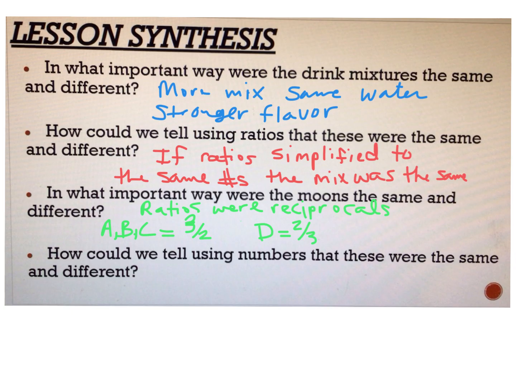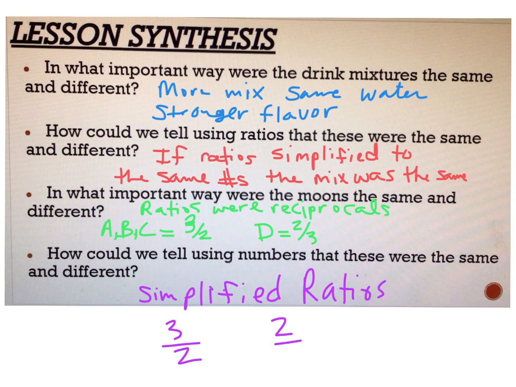And the last part was, how could we tell using numbers that these were the same and different? Well, that goes back to our simplified ratios. The simplified ratio of the first being 3 to 2, and the second one being 2 to 3.